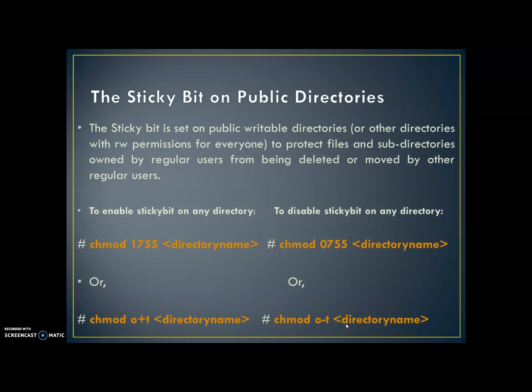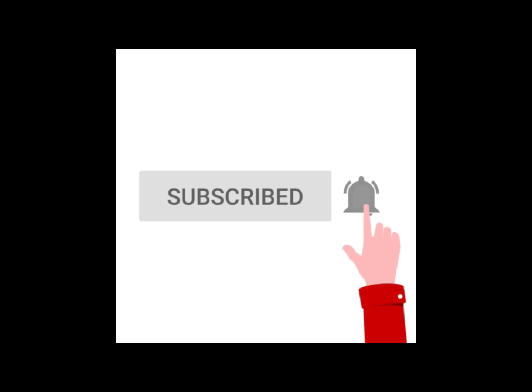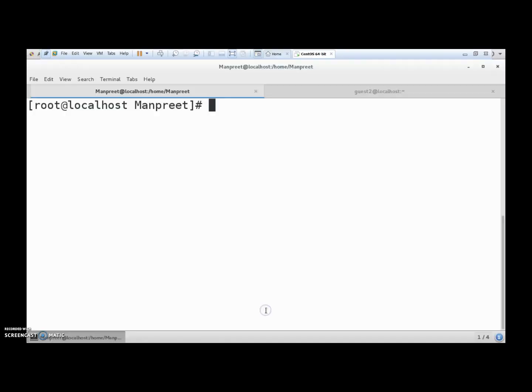Let us see the practical implementation now. In the practical implementation, first of all, we will see what are the directories which are having the sticky bit enabled or disabled by default. So let us take any example.